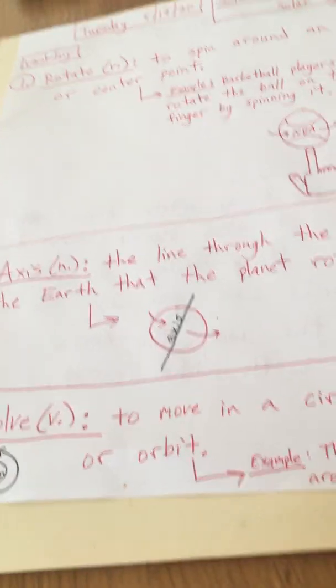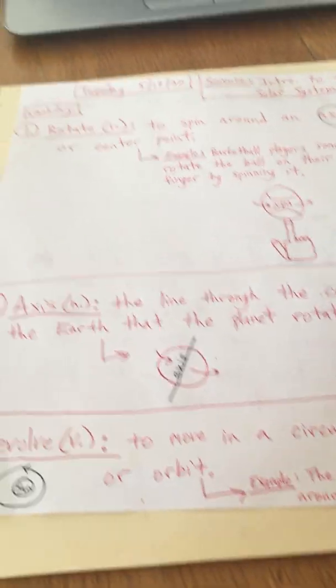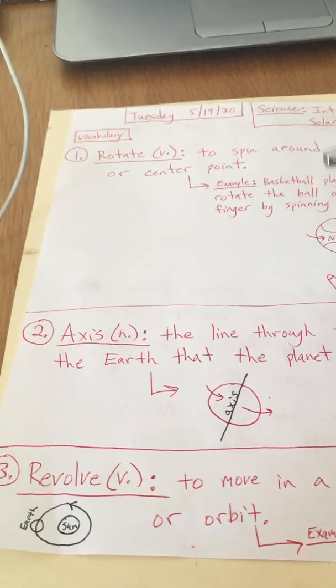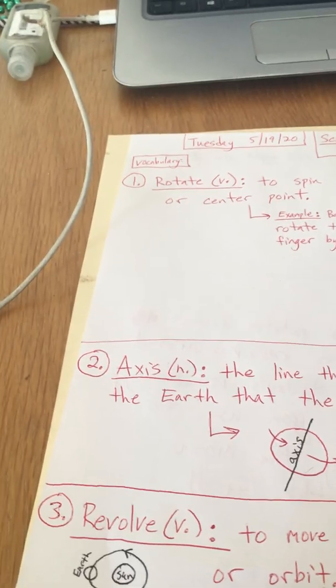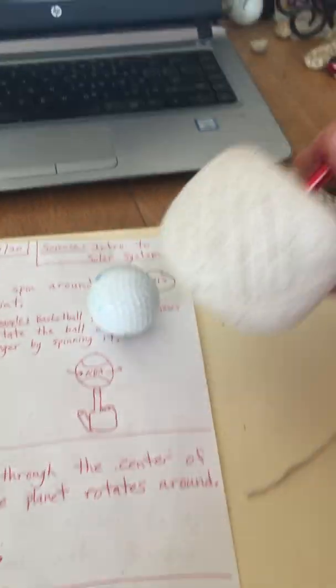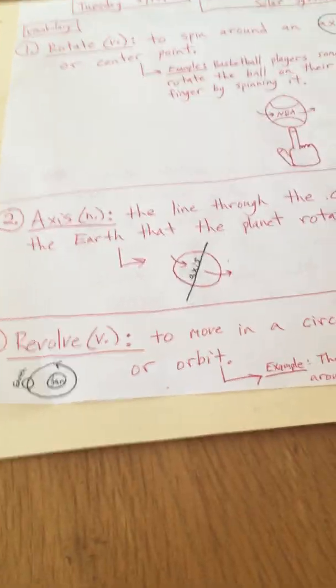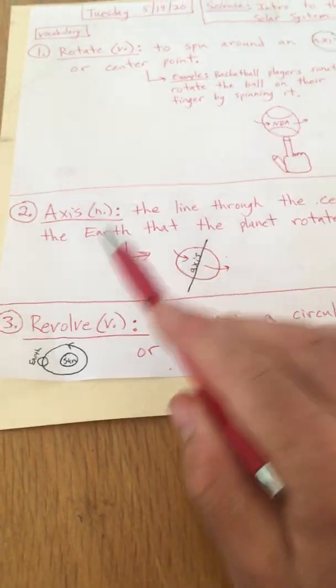Okay, so to rotate is to spin like a ball, like this. Axis is kind of the center of that ball. So it could be like where the finger is holding it here, or it's the line that goes right through the center of the circle.